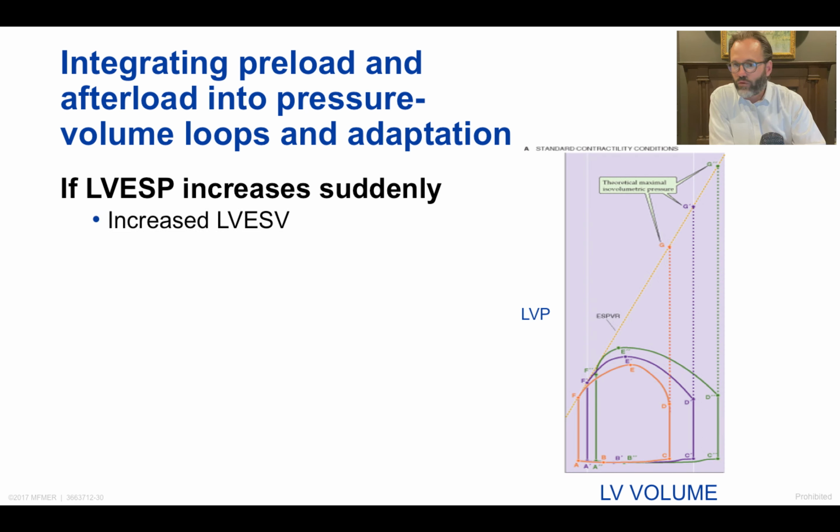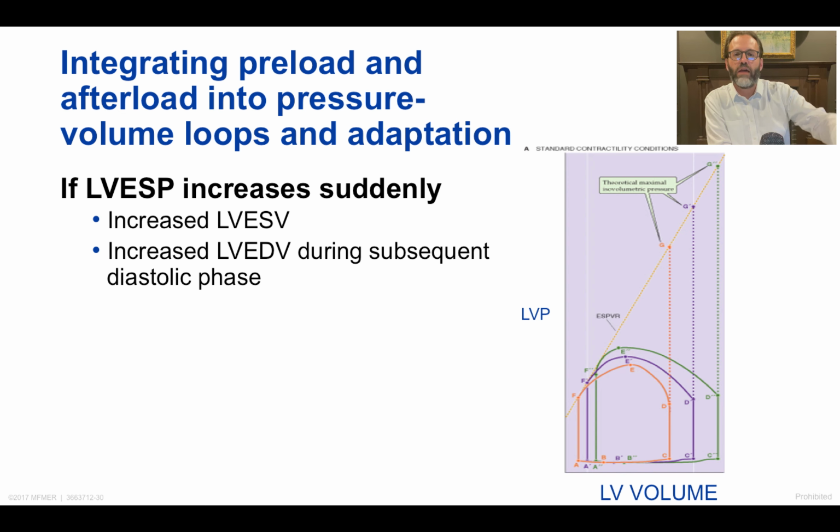So again, if we're looking at left ventricular end systolic pressure increasing suddenly, that's going to result in a subtle increase in left ventricular end systolic volume. You're going to have an increase in left ventricular end diastolic volume during the subsequent diastolic phase, because if you recall, the output of the right ventricle is going to be similar to the output of the left ventricle, and we've got the pulmonary circulation with a relatively constant amount of venous return over the course of a handful of cardiac cycles.